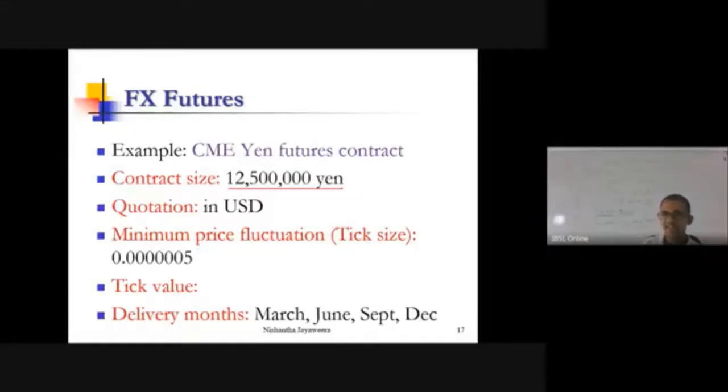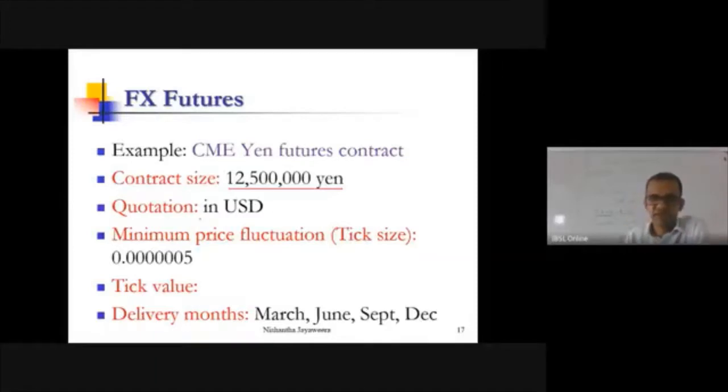If you buy one futures contract, what does it mean? You agree to buy 12.5 million yen. If you sell one contract, you agree to sell 12.5 million yen.